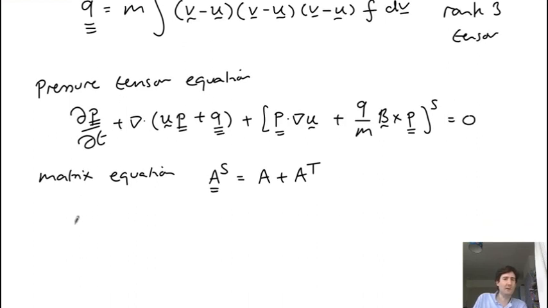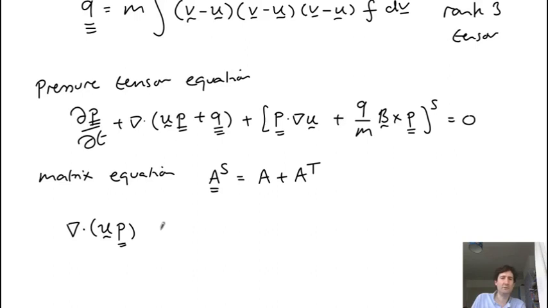Then, for example, when we have this, divergence of u times P, here we're applying a gradient or divergence operator on a rank 3 tensor, taking the derivative of what's in the brackets, but the contraction is with the first index.